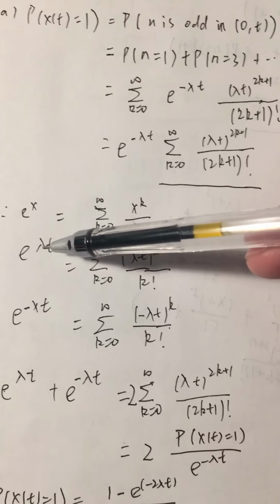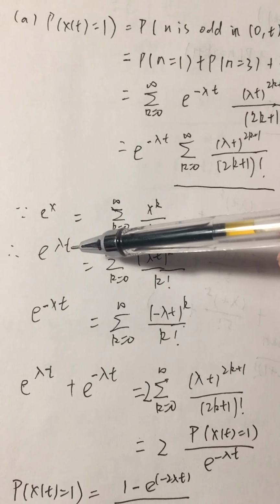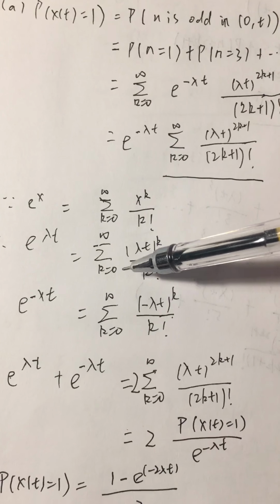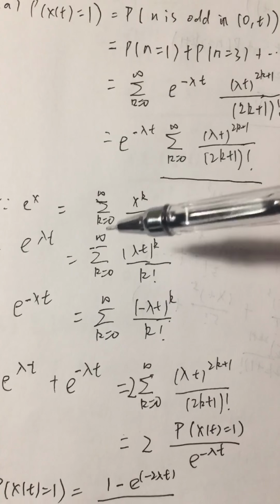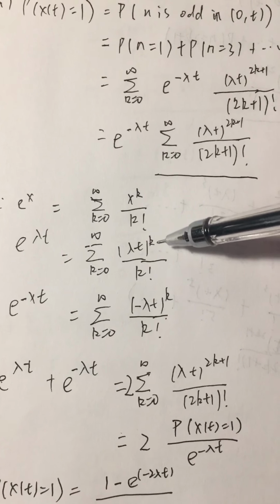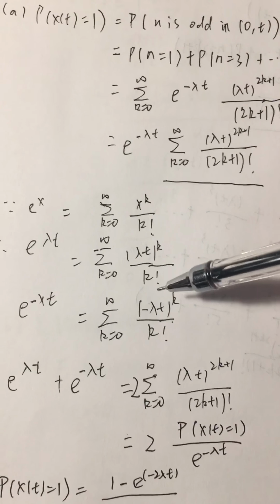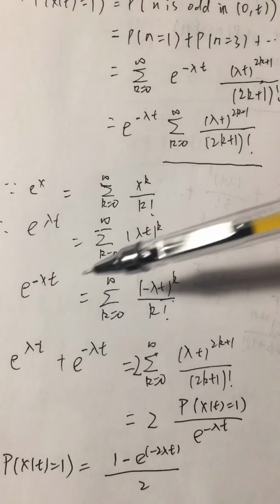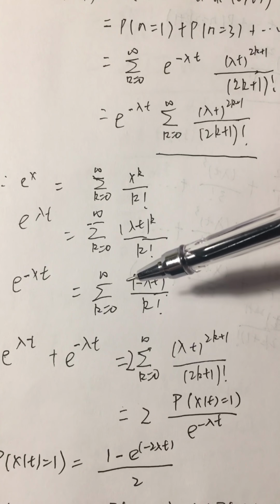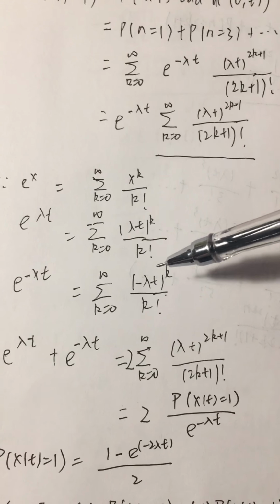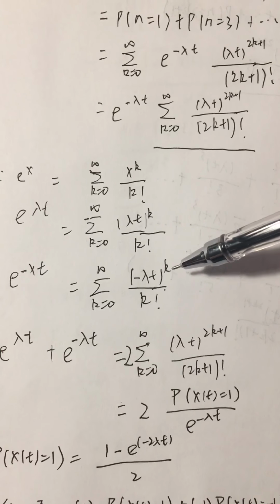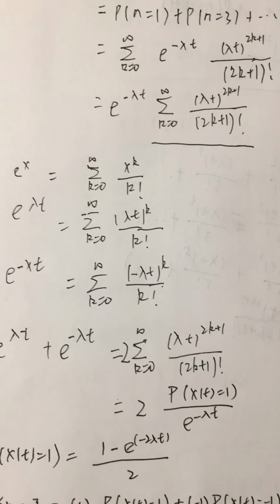So we get e to the power lambda t equals the sum of k equals 0 to infinity of (lambda t) to the power k divided by factorial of k, and e to the power minus lambda t equals the sum from k equals 0 to infinity of (minus lambda t) to the power k divided by k factorial.